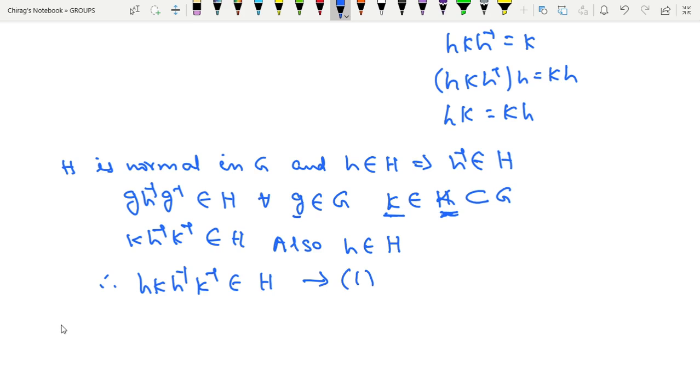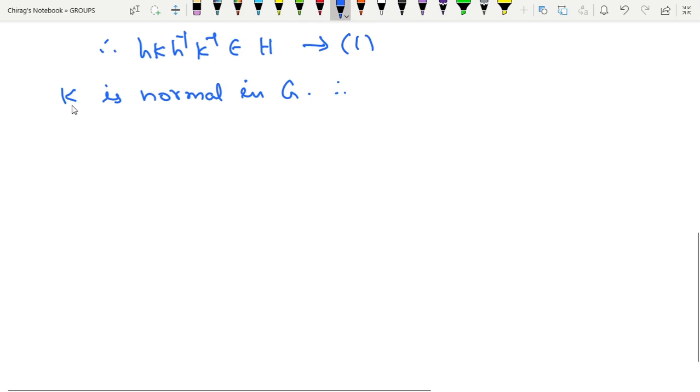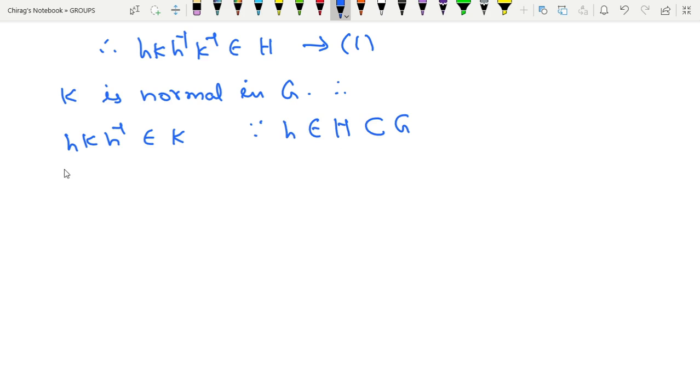Now, K is normal in G. Therefore, h k h inverse belongs to K, because h belongs to H, which is contained in G. Also, k inverse belongs to capital K because K is a subgroup of G. So K itself is a group.